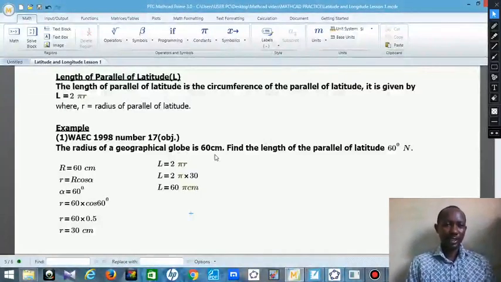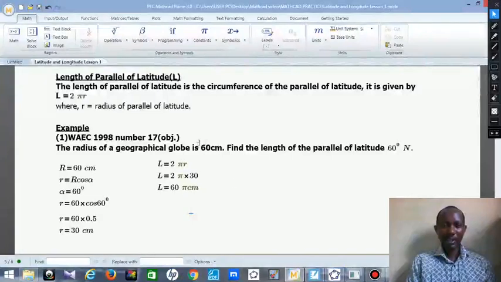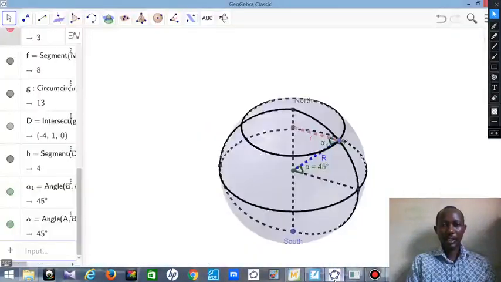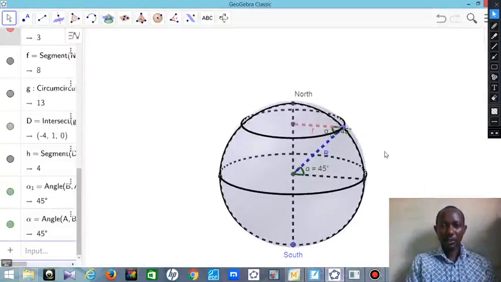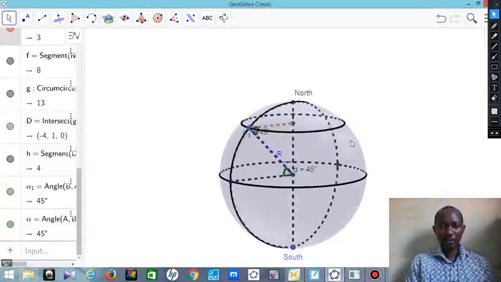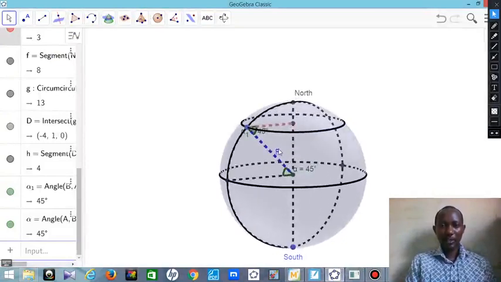You can see that it's not a difficult one. The radius of the globe is 60 centimeter. Find the length of parallel of latitude of 60 degrees. So you already know that from the center of the earth to the circumference is the capital R, which is 60 centimeter. So this is the globe now. You can see this full sphere, and that's what I use capital R to represent.